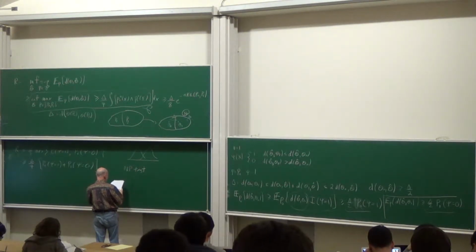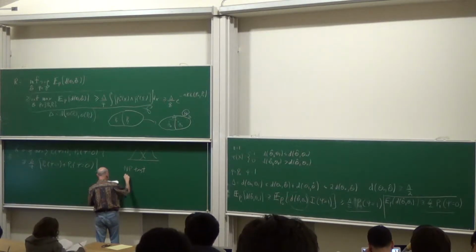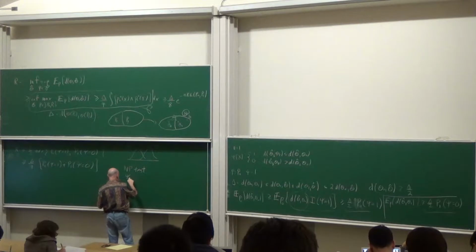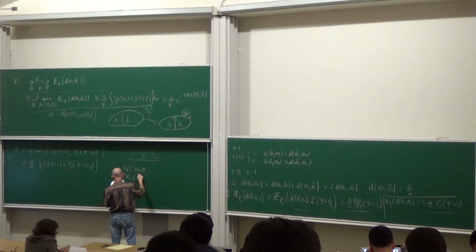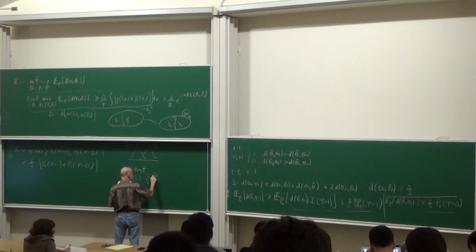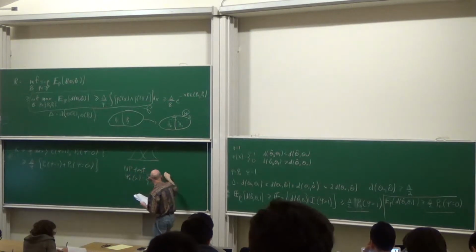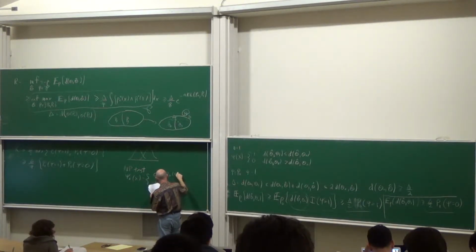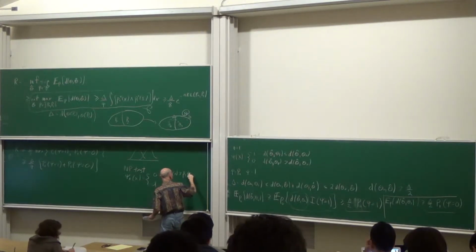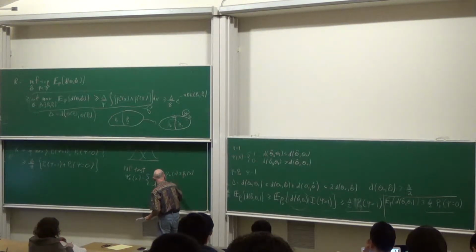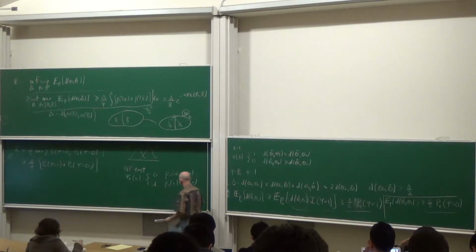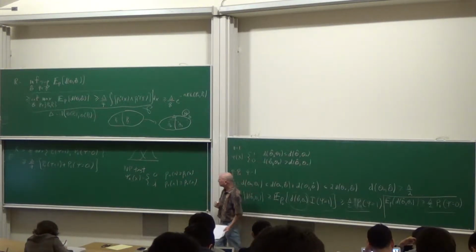What is the Neyman-Pearson test? It says that to minimize this, you choose 0 or 1 depending on the value of the density at that point. In other words, you look at the likelihood ratio.